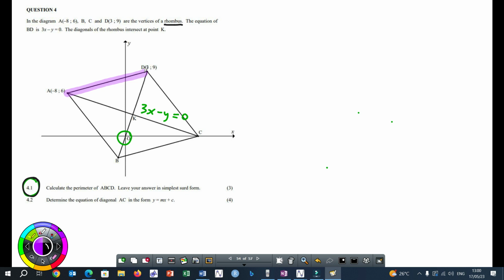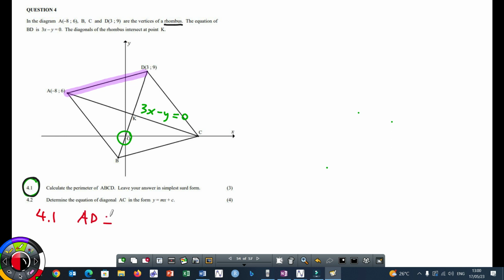Then we would have answered the question. So for 4.1, first thing I'm going to say AD is equal to the square root of (XA minus XD) squared plus (YA minus YD) squared.